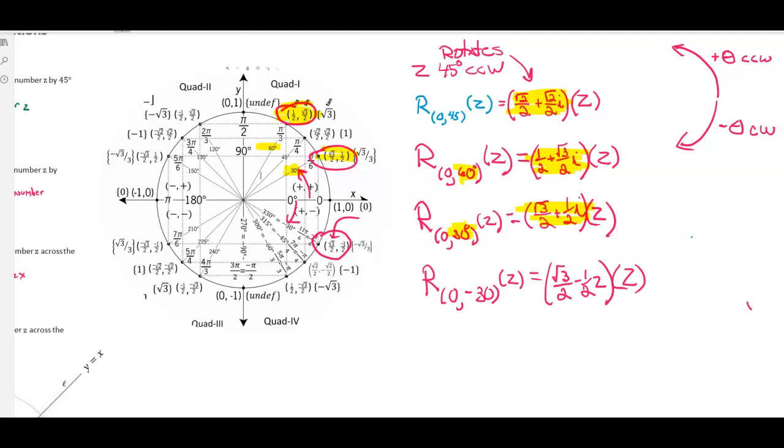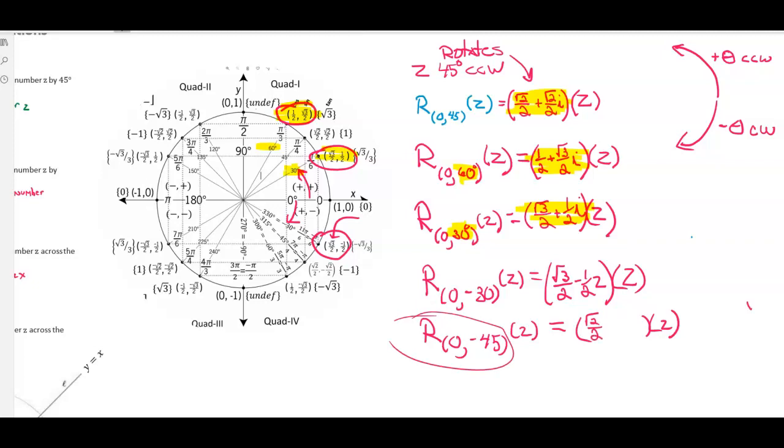All right. Okay, if I wanted to rotate negative 45 degrees, okay, Emily, how are we going to rotate? What would I multiply Z by to make this rotation happen?